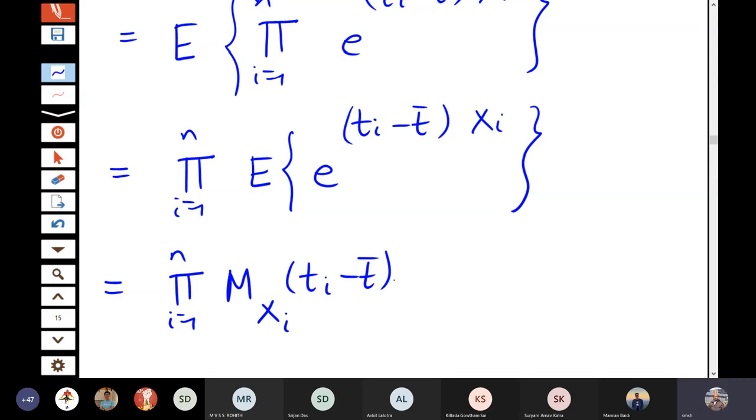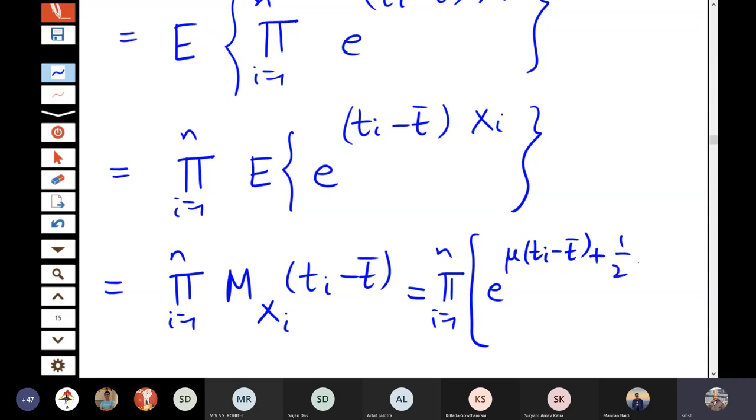Xi follows normal mu, sigma square, so this MGF is known to us. So we just substitute it here: product, i equals 1 to n, of e to the power mu (ti minus t bar) plus half sigma square (ti minus t bar) square.